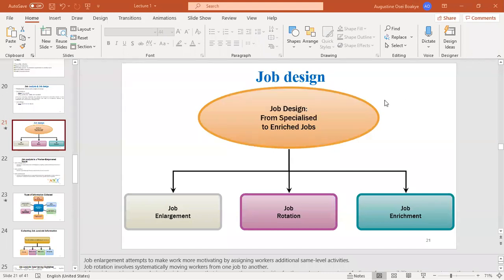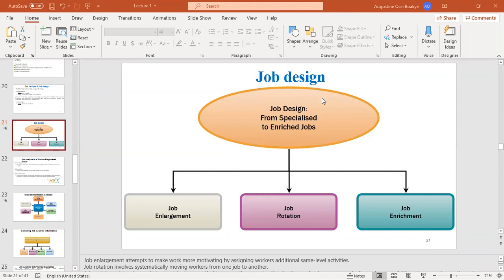Good. So now, job design. If you remember last week, I indicated that job analysis has two main outcomes, which are job description and job specification. Closely akin to these two main outcomes is job design.